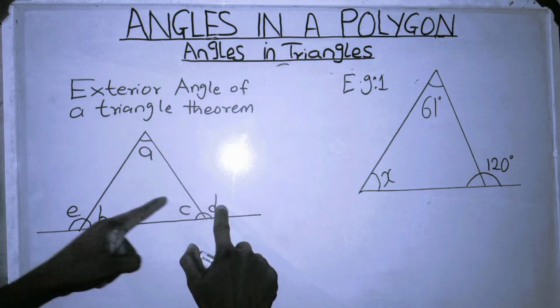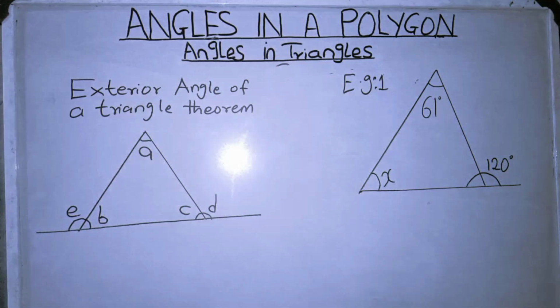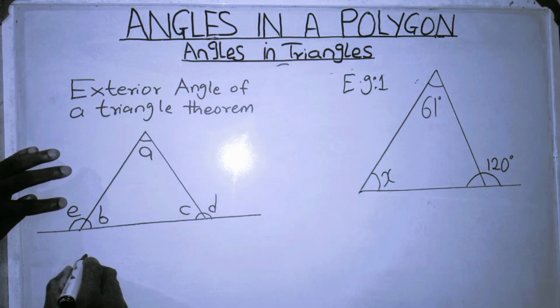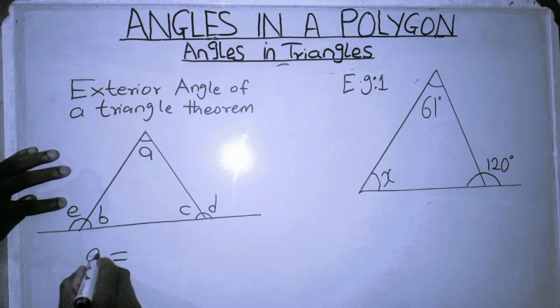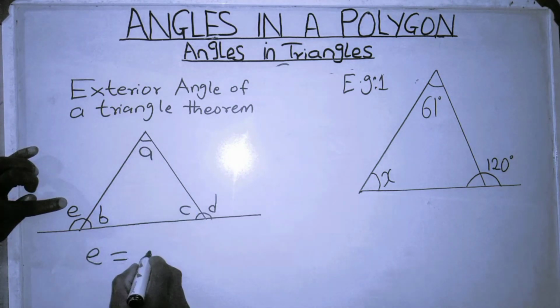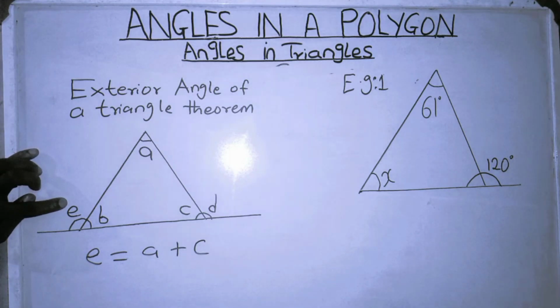The two opposite interior angles are A and B. So therefore, the theorem says that E as an exterior angle is equal to the sum of the two opposite interior angles, which is what? A plus C. That's what the theorem is talking about.